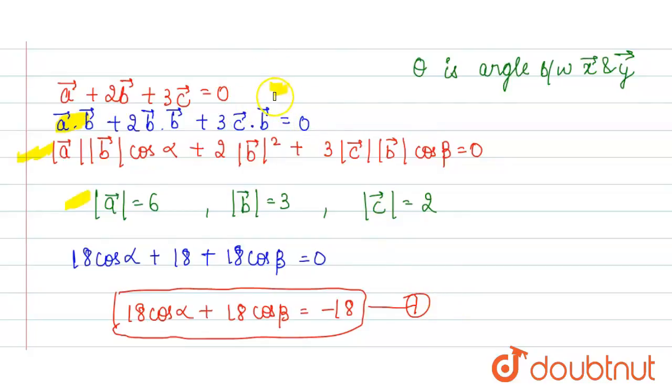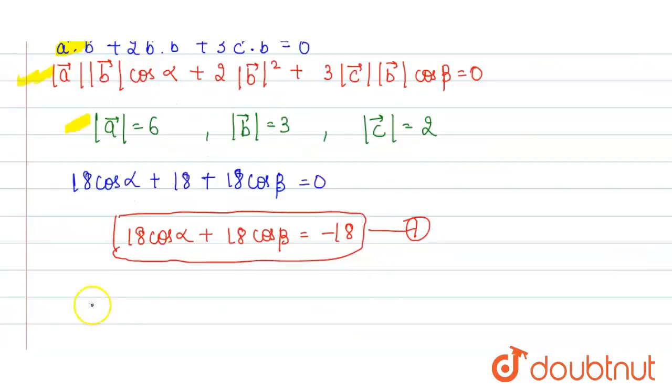So when we multiply it by a vector, then we get a vector dot a vector plus 2 into b vector dot a vector plus 3 into c vector dot a vector is equal to 0.